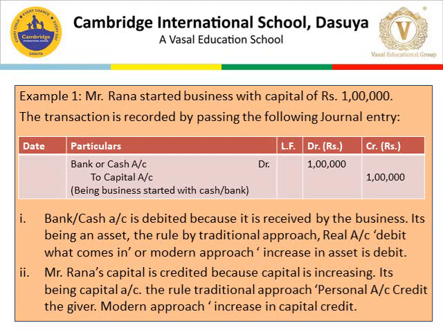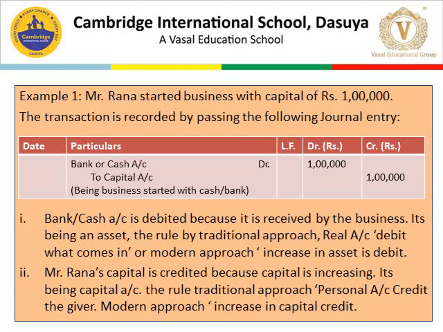So here is your wish, which rule you are going to apply. We have explained it in number 1 point. Bank or cash account is debited because it is received by the business, that is cash is received by the business. So what comes in, debit, or cash is increasing, debit. It being an asset, cash is an asset.